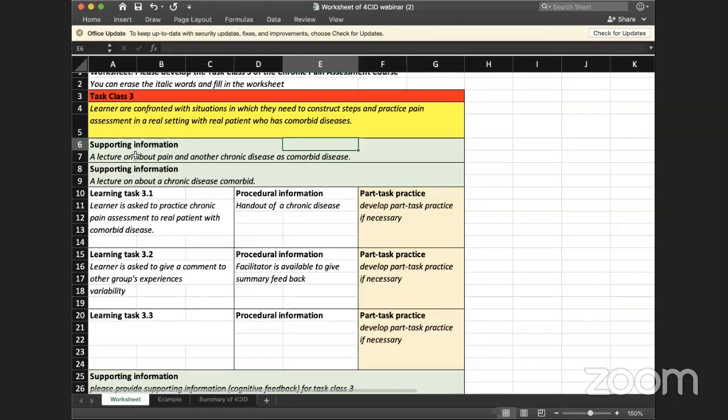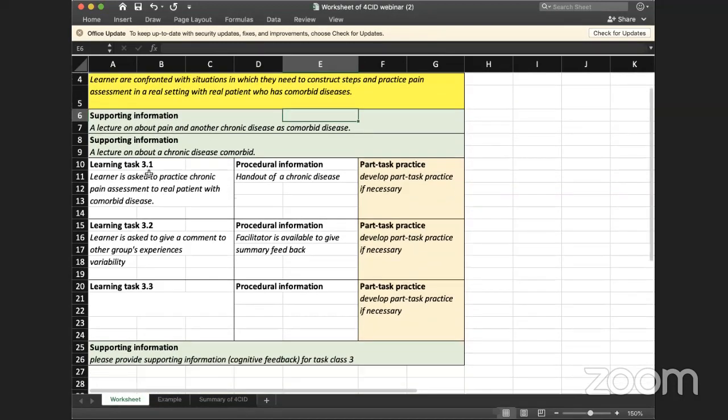And as supporting information, the lecturer will provide a lecture about pain and other chronic diseases as a comorbid. And for the learning task, we divide into 2 kinds of tasks.